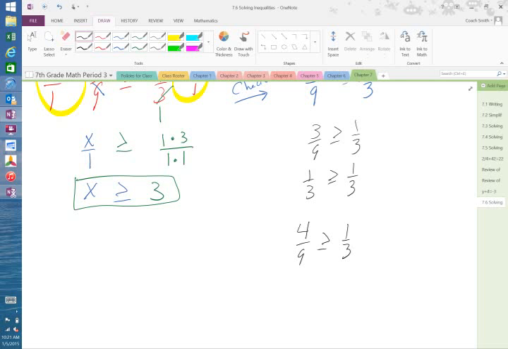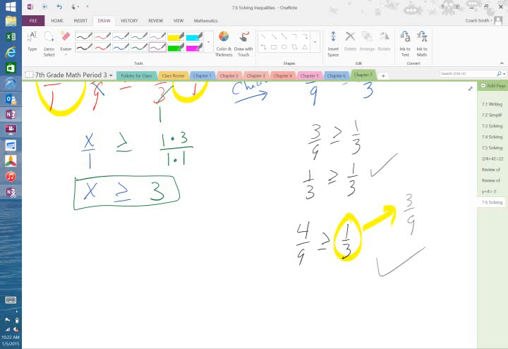Because 1/3 is the same thing as 3 over 9. We just proved that. Is 3 over 9 or 4 over 9 greater? 4 over 9. So it is a true statement. So that does check, just like this one checked, that one checked.